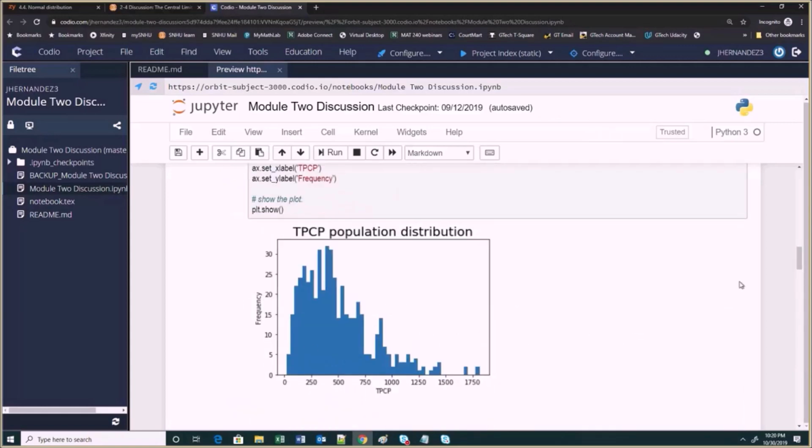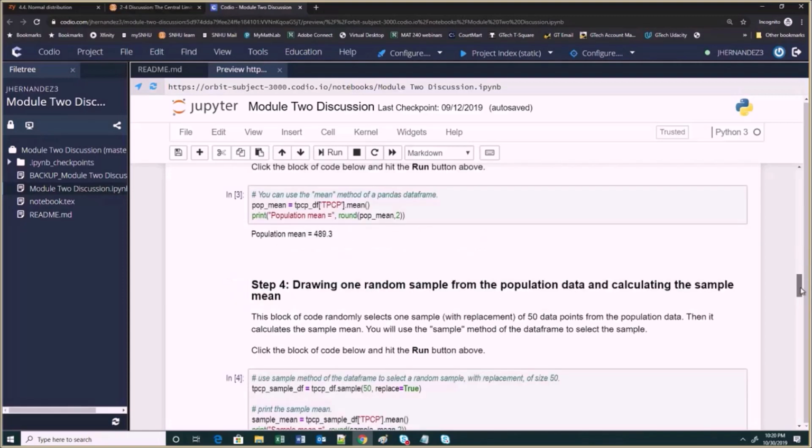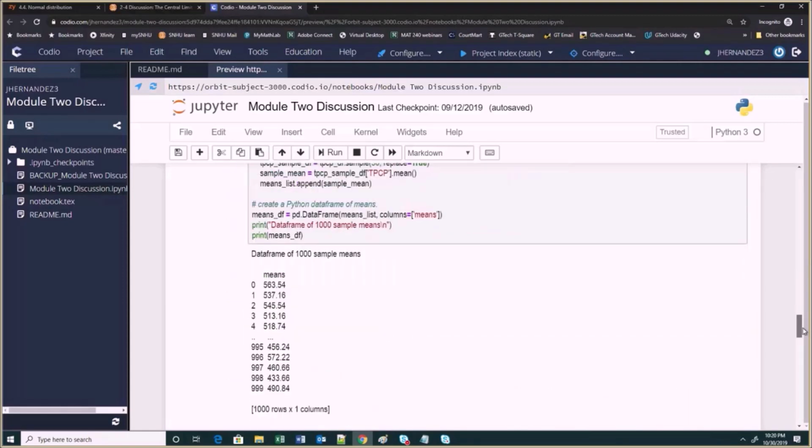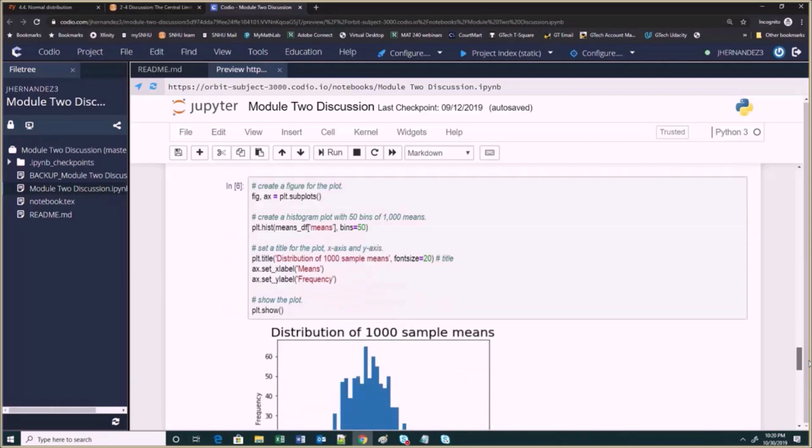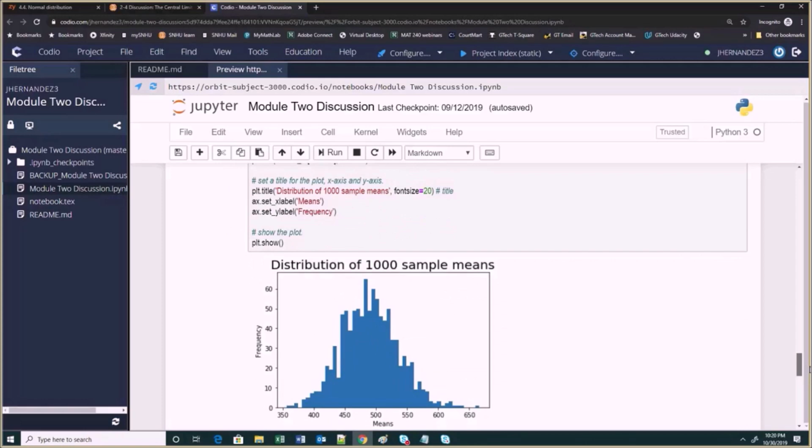Compare this to the population distribution. The population distribution was skewed. We generated 1,000 random samples, each time we calculated the sample mean, and the distribution of the 1,000 sample means is approximately normal.